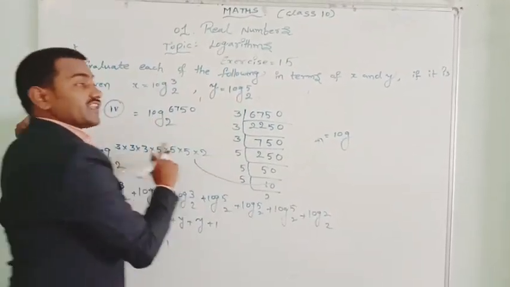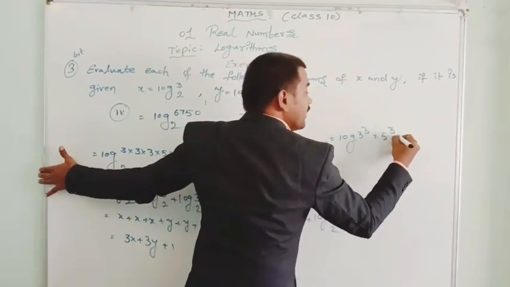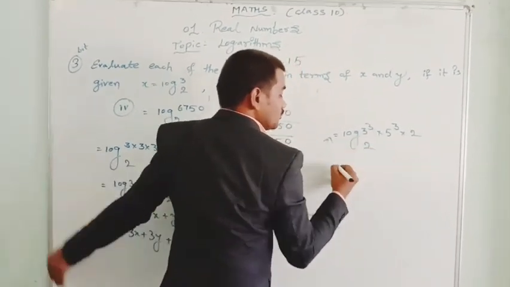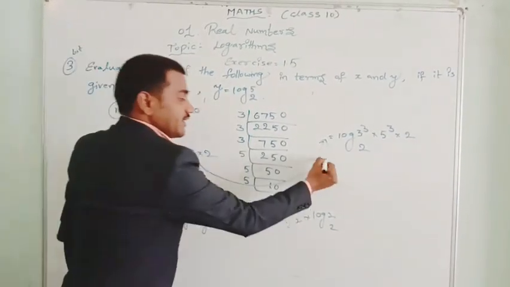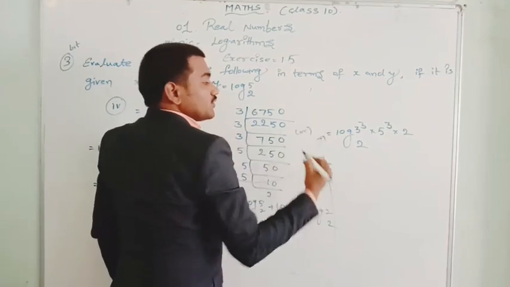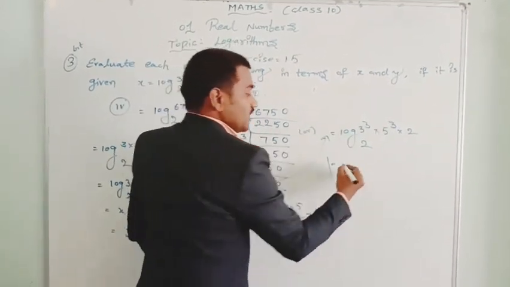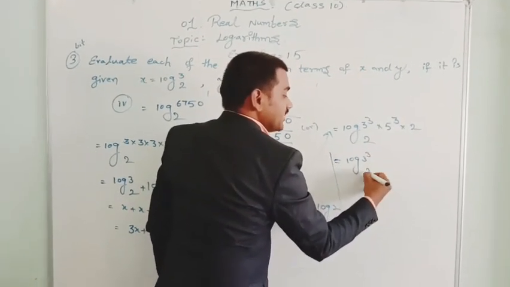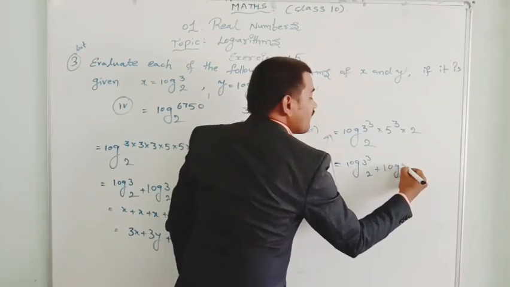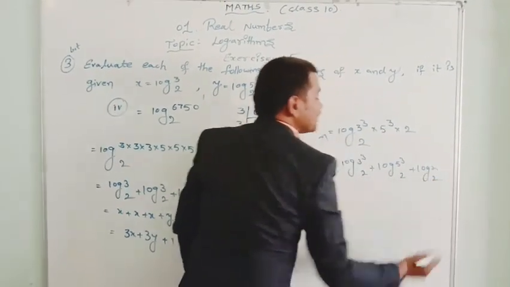Here, 3 cube into 5 cube into 2, base 2. So let's write first log of 3 cube base 2 plus log of 5 cube base 2 plus log 2 base 2.